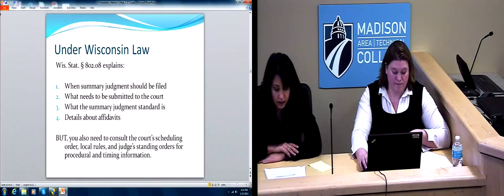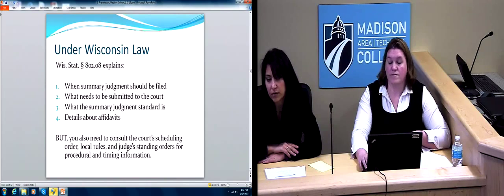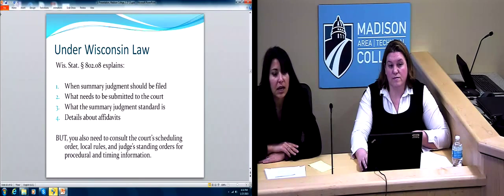One thing that a lot of lawyers do, or should do, before doing a summary judgment, especially if it's not something you do all the time, is go to the statute and read the statute, or go to the rule and read the rule. Because again, summary judgment is very complex, and the statutes and the rules provide a very good roadmap of what you need for a motion, what the standards are.